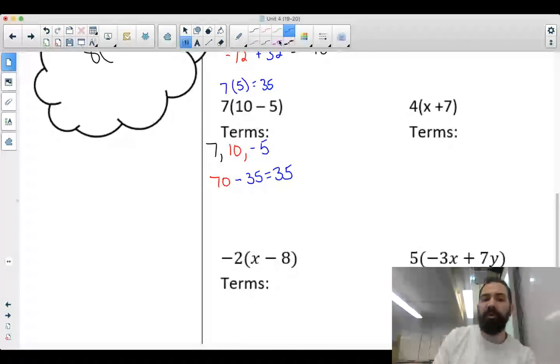Let's look at ones with terms that are variables, or at least one term that is a variable. The terms are 4, x, and 7.